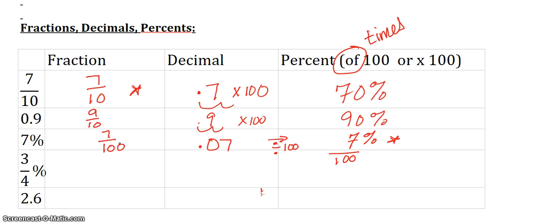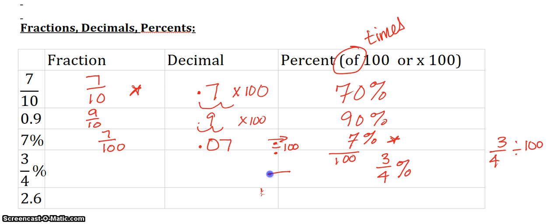Now, this one I love, love, love, and it's super tricky. So this is 3/4%. This is an eensy-beensy number. 1% would be like a penny of a dollar. 3/4%. That means it's 3/4 divided by 100, right?